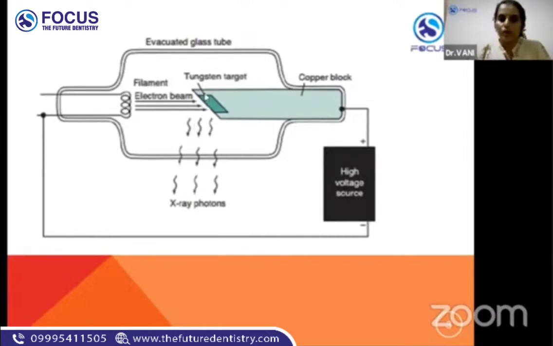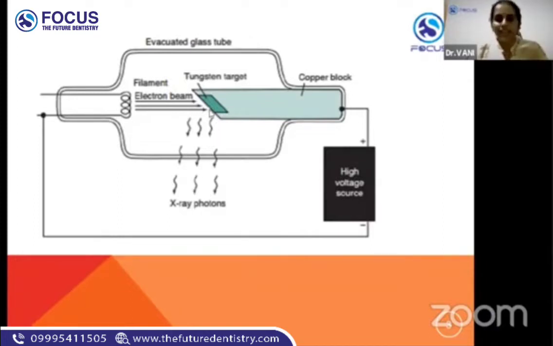Whatever area on the tungsten target where the electron beam strikes is called a focal spot. I repeat, the area on the tungsten target in the anode where the electron beams from the cathode strike is called a focal spot. From that area X-ray photons are produced.